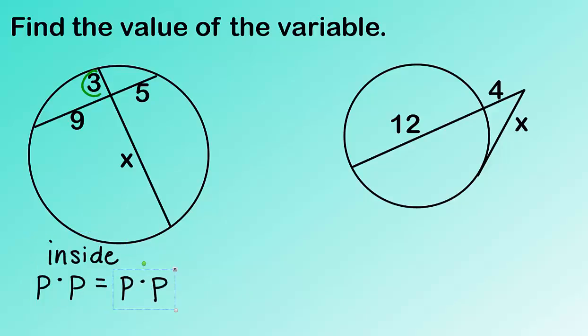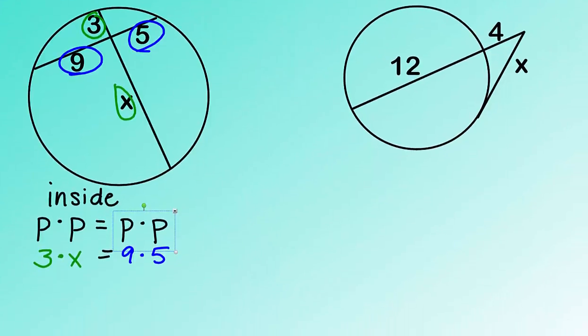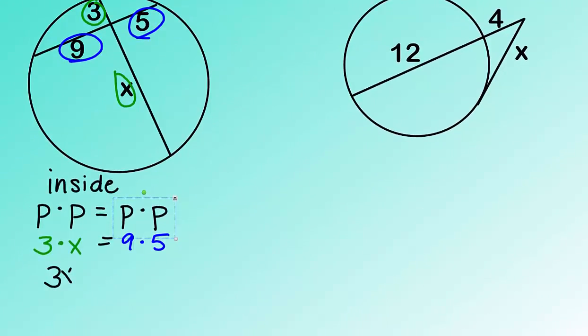So I'm going to identify my two parts along one line, 3 times X, and my two parts along the other line, 9 and 5, 9 times 5, and I'll set them equal. 3x is equal to 45, x is equal to 15.